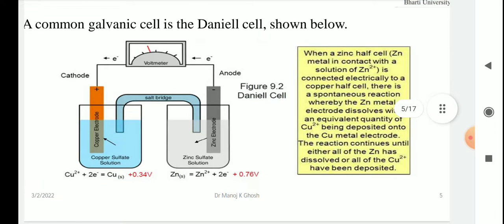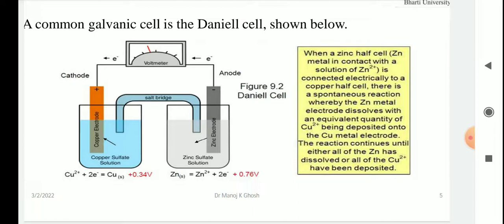Here, from the anode, electrons flow towards the cathode, and the EMF generated at the copper is plus 0.34 volt. Similarly, for the zinc electrode, the EMF generated is 0.76 volt.